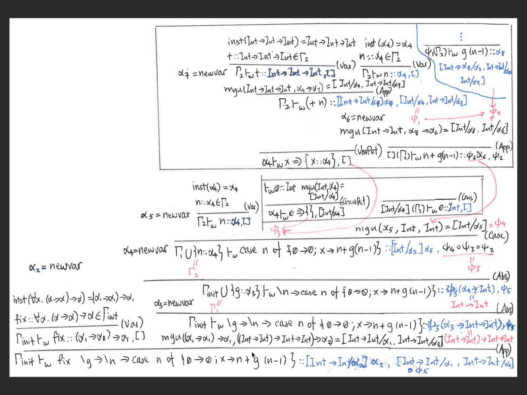So we're going to perform the MGU of these two. That will give us something like replacing alpha 1 with int to int, replacing alpha 2 with int to int. So that would give us the answer by replacing alpha 2 with int to int here. So the whole expression will give us int to int, and the output type substitution will be this substitution composed with our psi 5. So in a way, this expression will have type int to int.